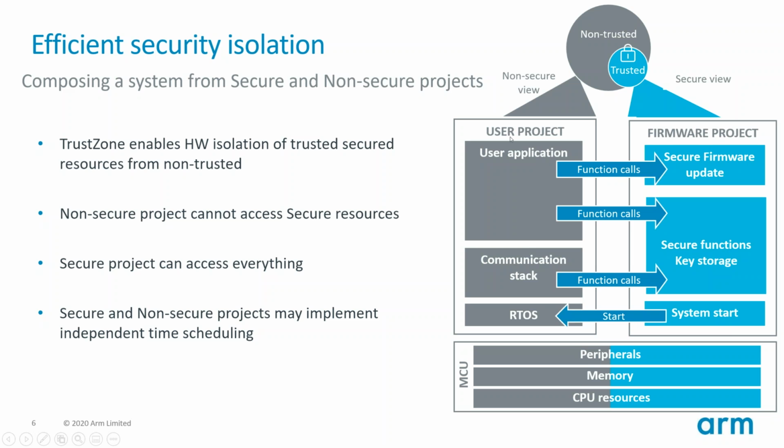So the user project is considered to be non-secure. It can be attacked, and it cannot access the secure resources except through predefined APIs that need to be implemented properly to ensure that no leakage of secure data is possible. So this is basically the idea behind, and a simple view of, the TrustZone technology implemented in our Armv8-M architecture.